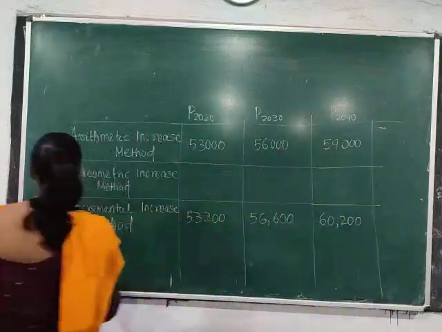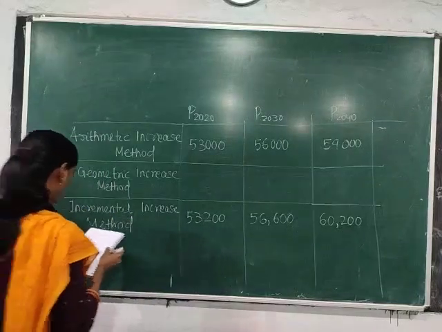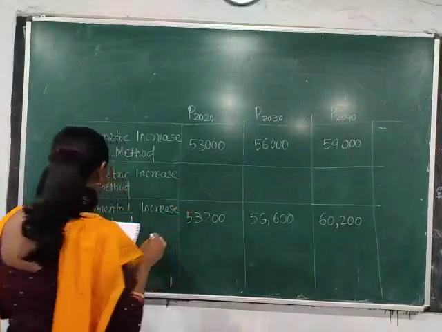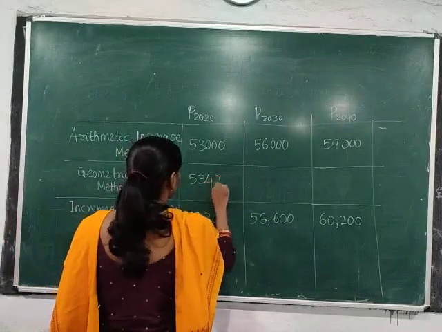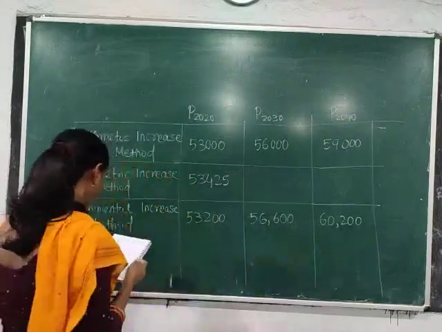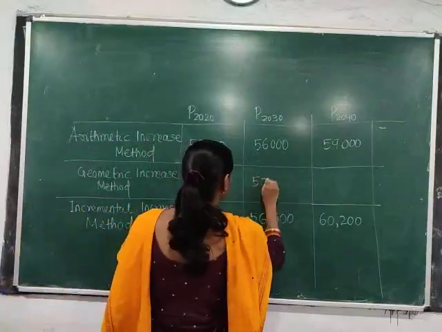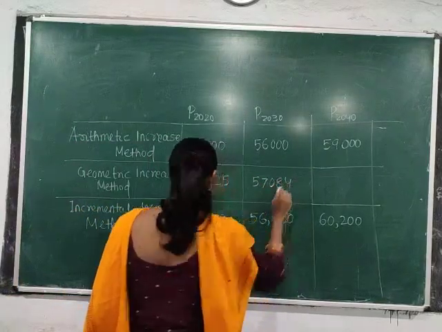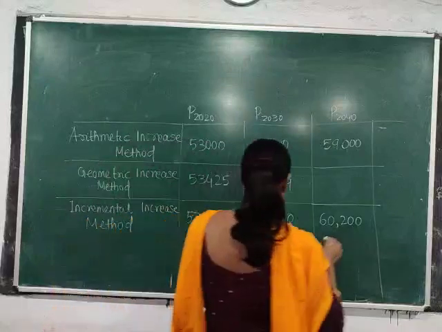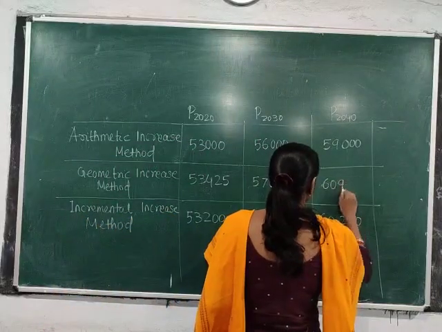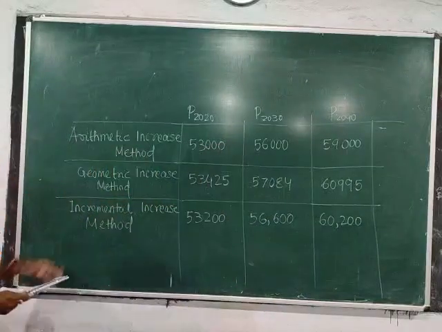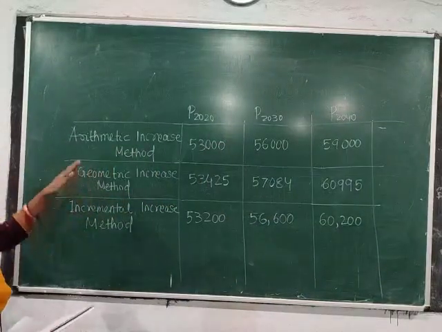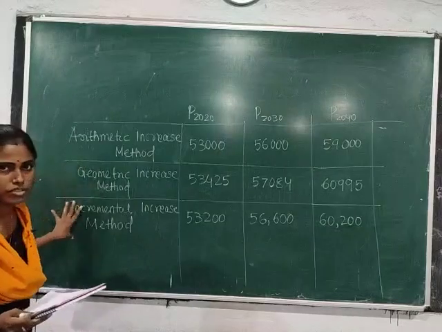And for the geometric increase method, the population in the year 2020 is 53,425, in 2030 it is 57,084, for 2040 it is 60,995. So, these are the results for the same data but using different methods.